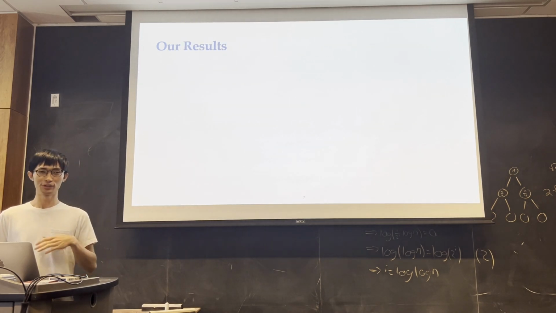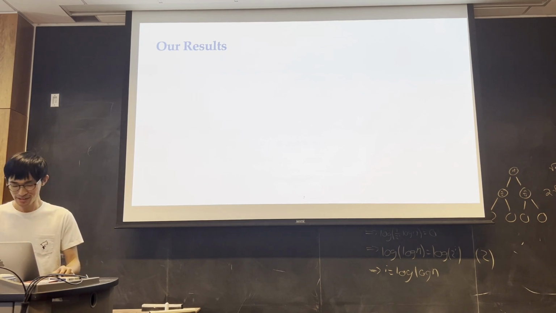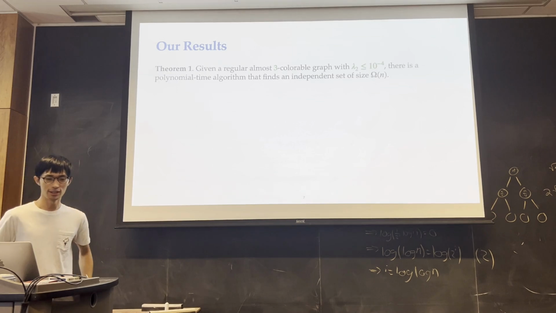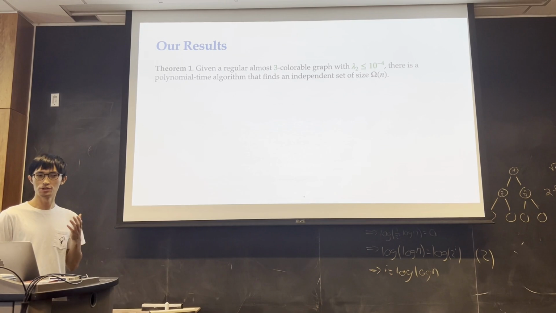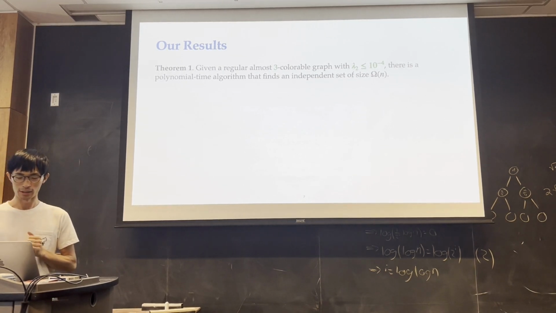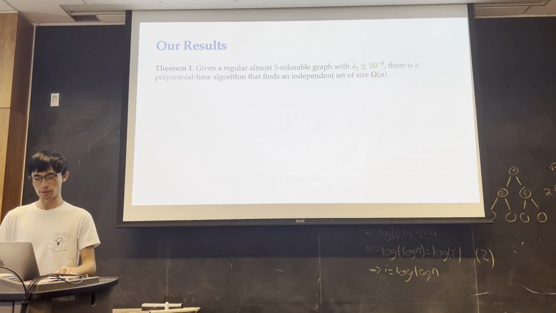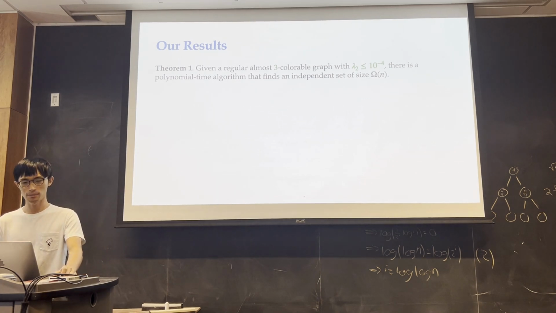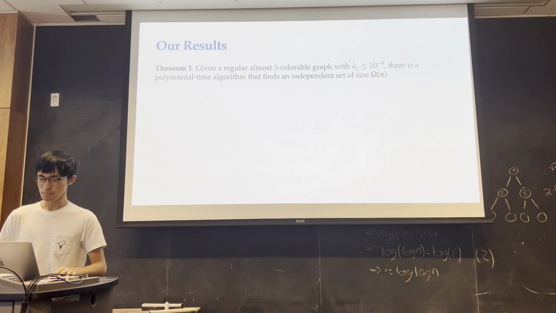Okay, so I've told you a lot about hardness results. So finally, some algorithms. Our first result is that suppose we're given an almost 3-colorable graph, and suppose that the second eigenvalue is at most 10 to the negative 4, some fixed constant. Then there is a polynomial time algorithm that finds an independent set of linear size.